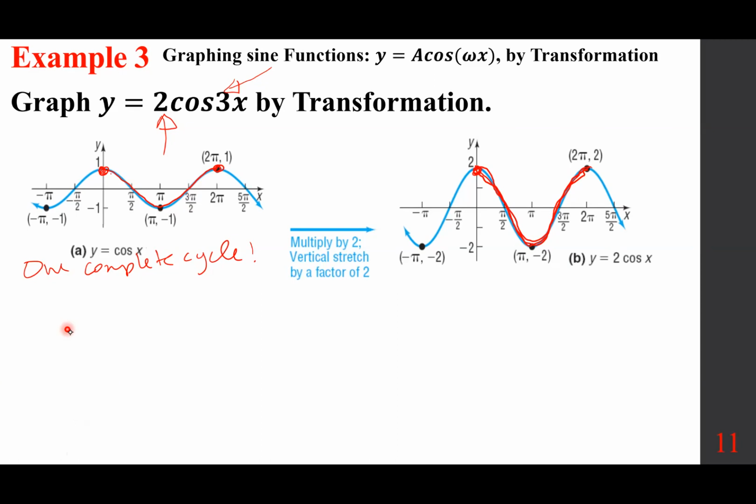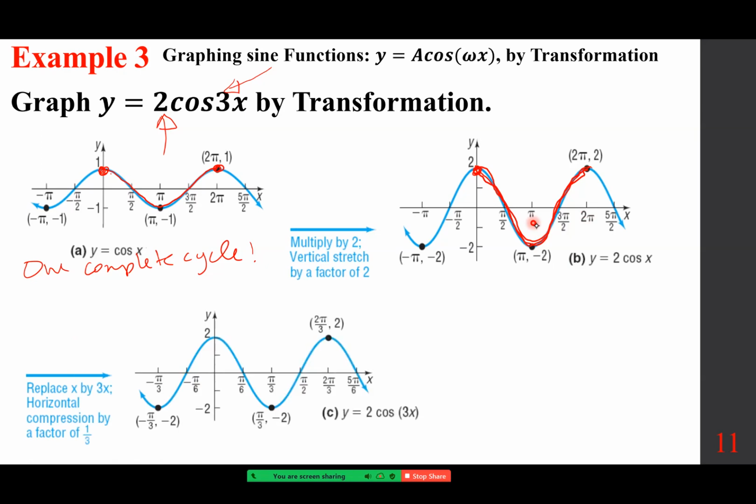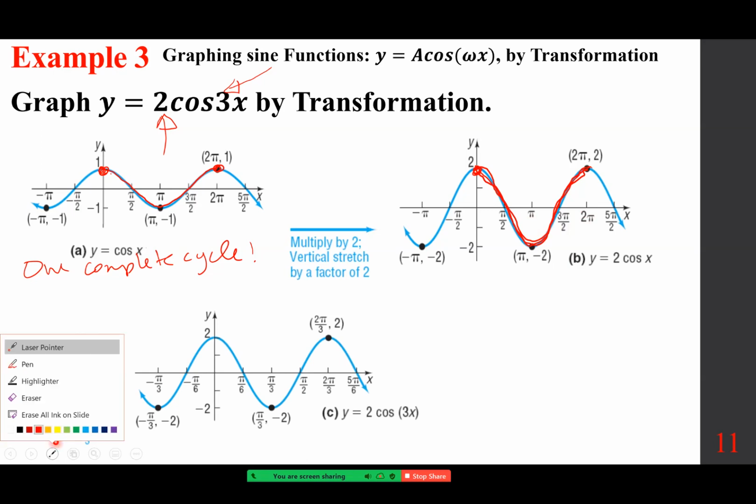Now, if we replace the x by 3x, that means we have a compression horizontally along the x-axis by a factor of 1/3. So in essence, this 2 pi will shrink to 2 pi divided by 3. So that's the effect of that.